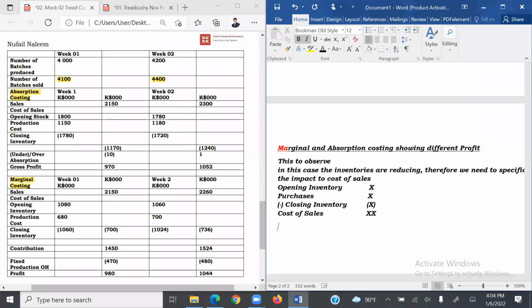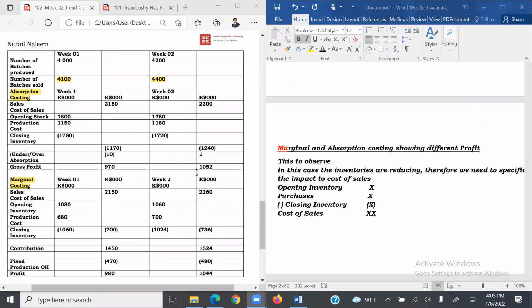Okay. Now students, coming into the application now, let's start going into the application. Now, if you see opening stocks 1,800, production cost and the closing inventory. If you see closing inventories are reducing, you can observe it. It's effectively reducing. And if you see in the absorption costing, it's 917 here, 980.